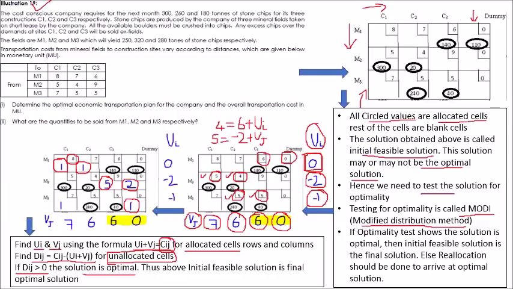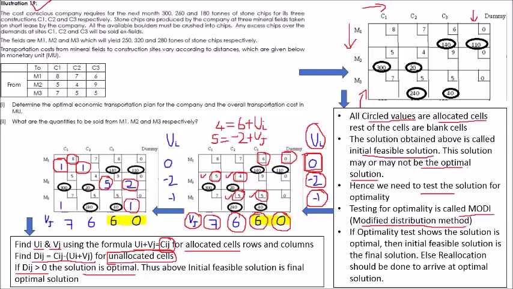So guys, this is the basic type of problem of Vogel's approximation method. First, balance the problem by including some dummy rows or dummy columns. Then calculate the penalty and find the maximum penalty.